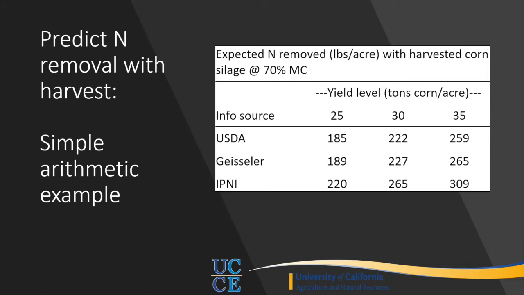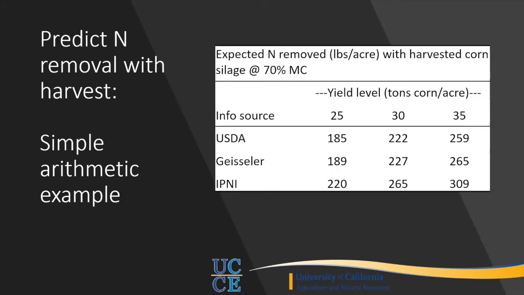In this example table, I'm showing a range of nitrogen that would be removed with the harvest of silage corn. In the very left column, I'm showing a list of the information sources shown on the previous slide.